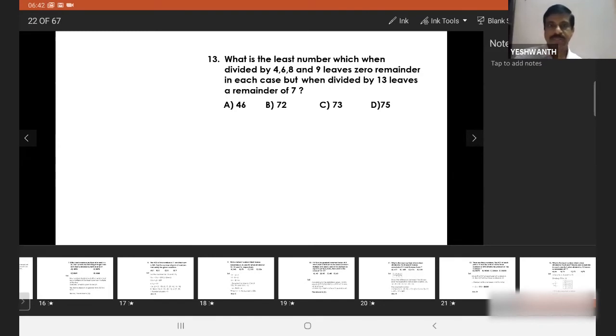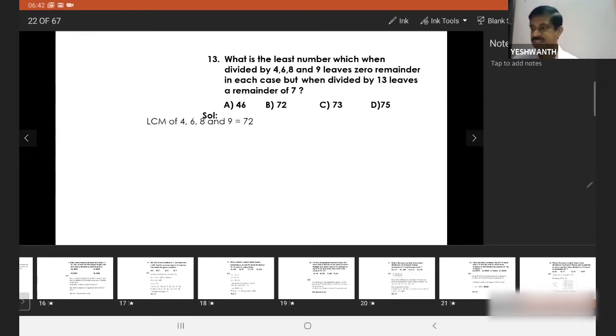So that means that number is exactly divisible by 4, 6, 8 and 9 because it is leaving a remainder of 0. But when divided by 13 it leaves a remainder 7.